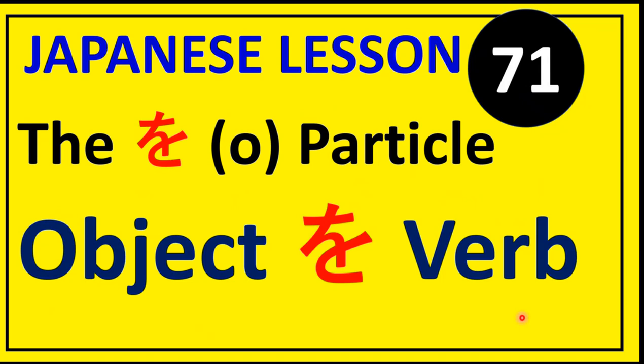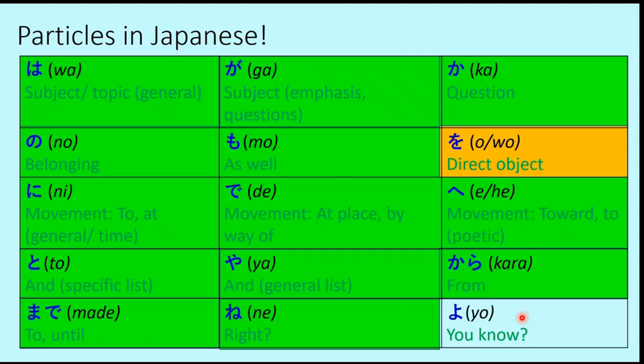Lesson 71, the O particle, object O verb. This is our familiar table of the Japanese particles. Most of them have been covered in this series, as you can realize from the green color. However, some of these need some deeper study as well.